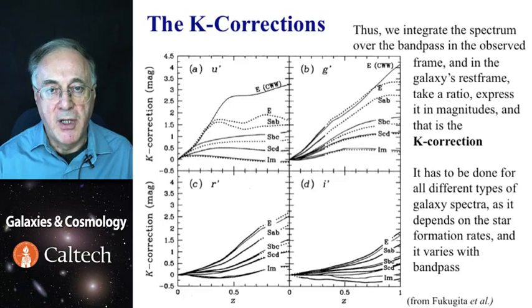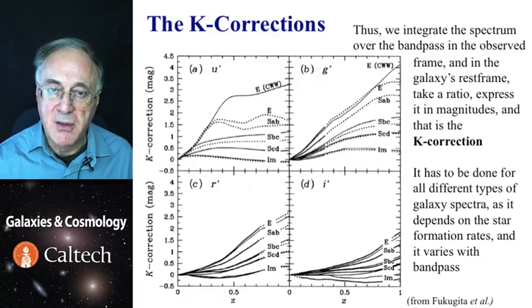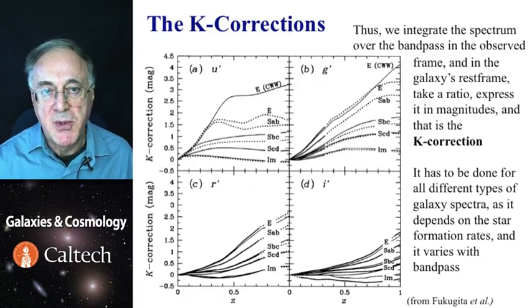How much would you have to correct brightness in a given filter if you were to put them at some redshift? So that way you make a uniform set of measurements comparing apples and apples, and you can say, if this wasn't an evolving population, then this is what I should see out at that given redshift.